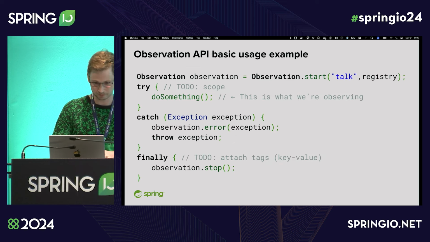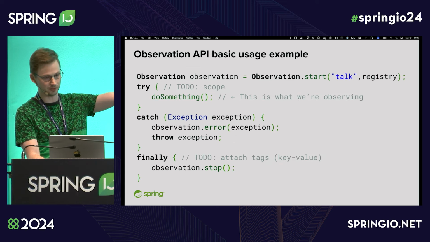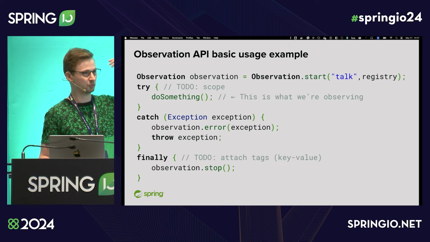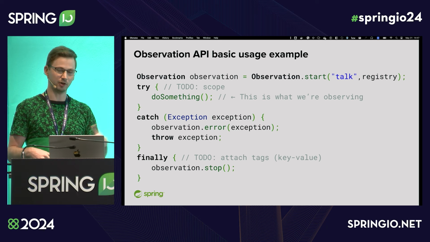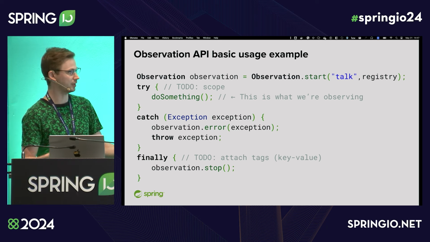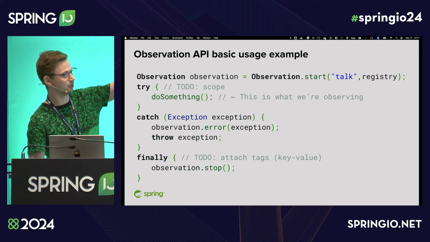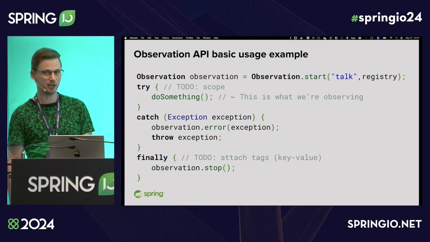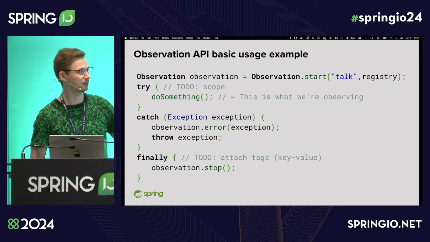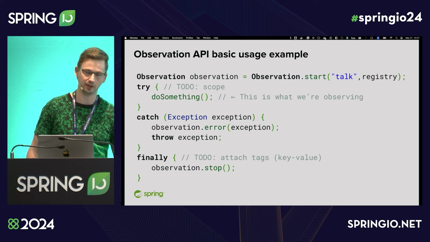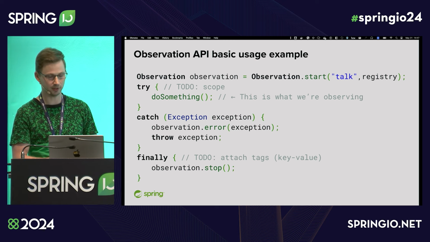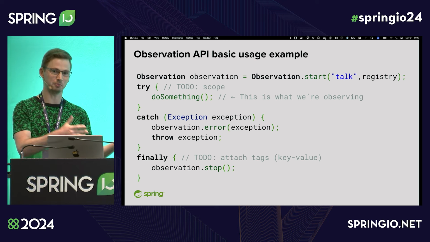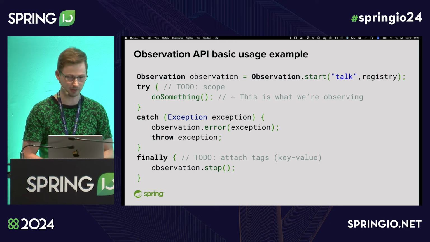That's how you're getting the metrics and traces out of all of the Spring projects. So, a basic API usage example should look pretty familiar if you know a Micrometer timer or a span in a tracing API. You call observation.start and pass it a name, in this case talk, and you pass it an observation registry, which is very similar to a meter registry from Micrometer's metrics API.